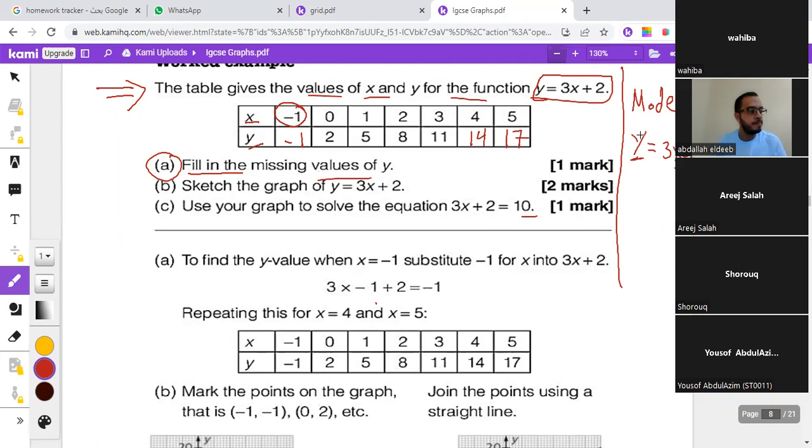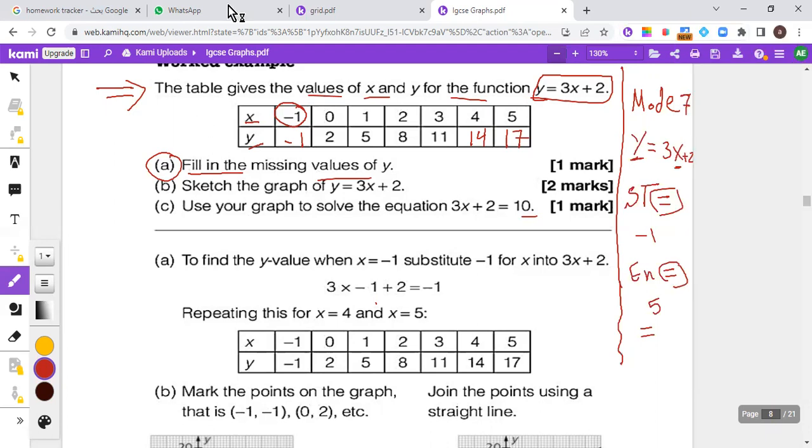Start from -1, end with 5, step 1, then equal. Then you will find all the values of the table.